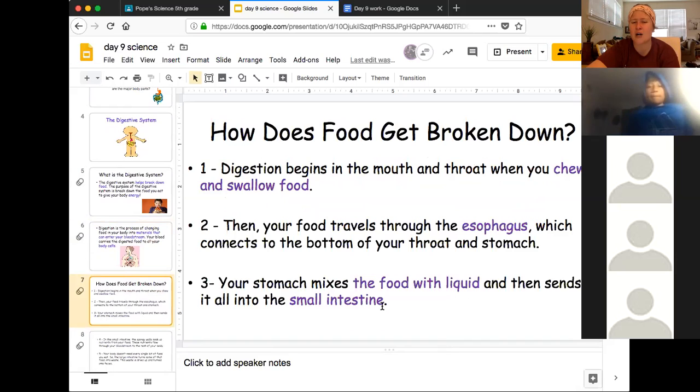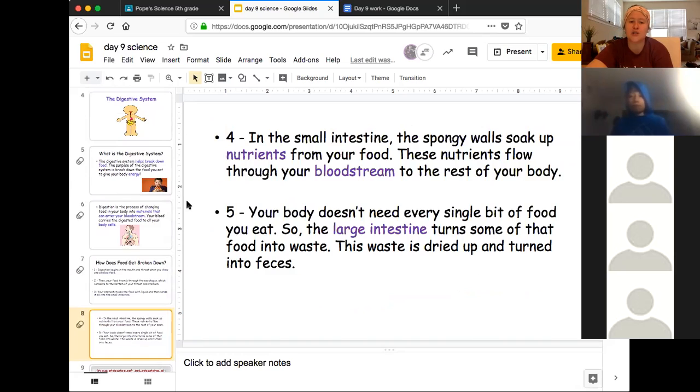If you've ever had heartburn or ever had to get sick and throw up, that's kind of what you're seeing in this step 3. It's mixing with your stomach acid, and the food's all churned up before it goes to your small intestine. After that, it goes into your small intestine. Its spongy walls start to soak up the nutrients, and then these nutrients flow through your bloodstream to the rest of your body.